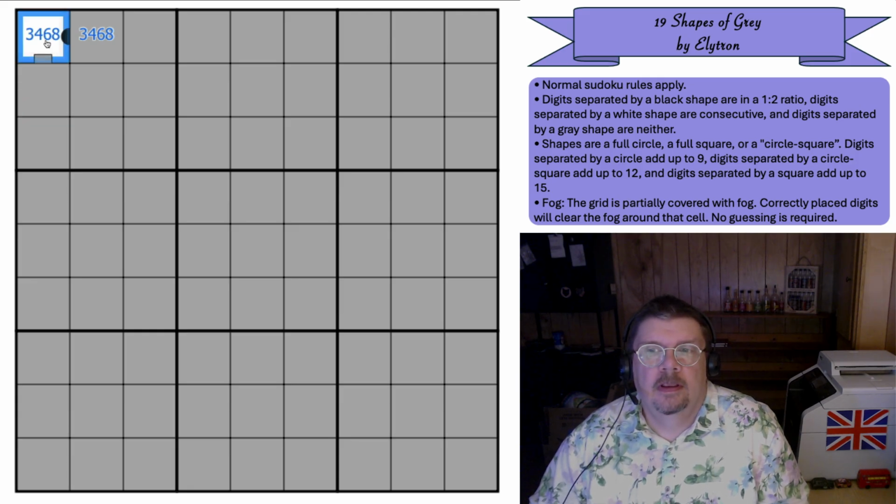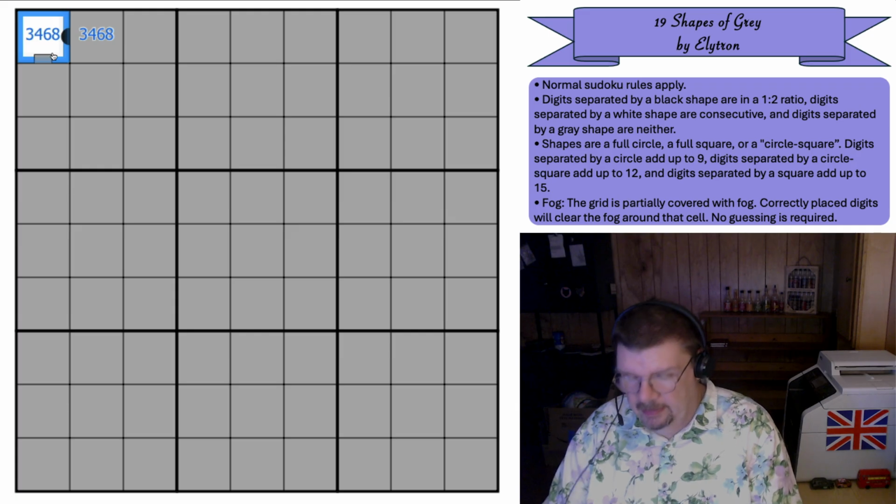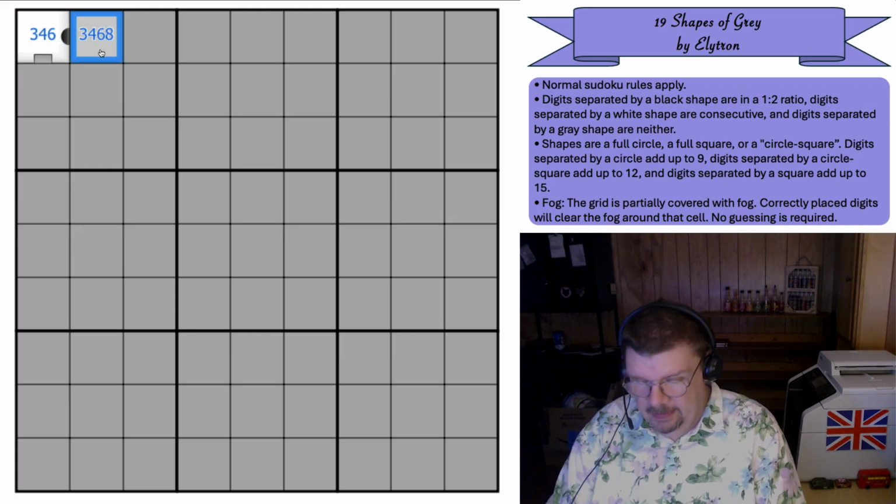So if that's 15, I can't put an 8 there. If it is a square circle, they add up to 12 and would be 8, 4. But I can't have a 1 to 2 ratio there.